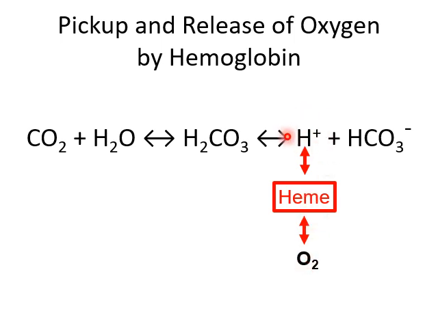So as this increases, there's an opportunity here to lose the oxygen in the exact place where metabolism is working the hardest. So the more CO2 you have, the less sticky that heme molecule in the red blood cell in the hemoglobin becomes and tends to release oxygen.